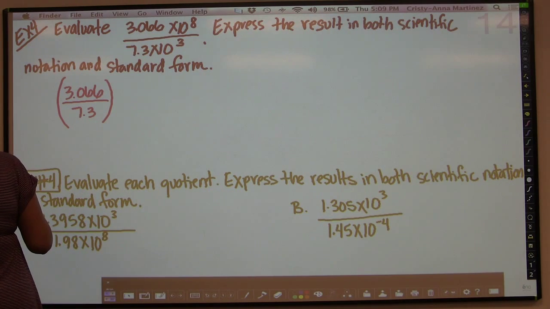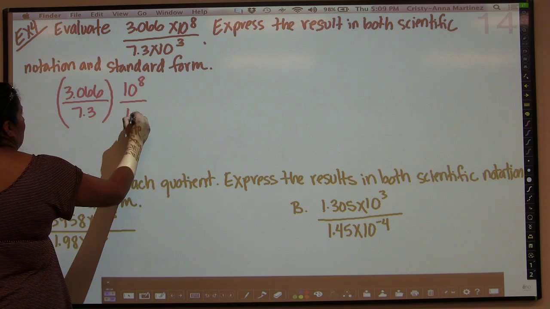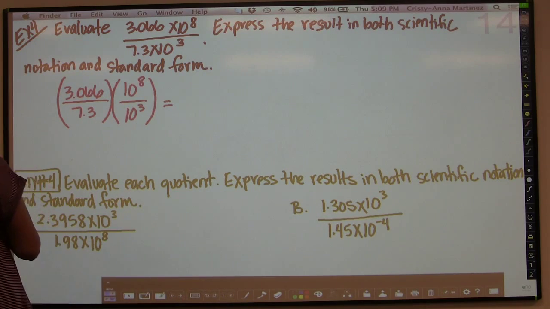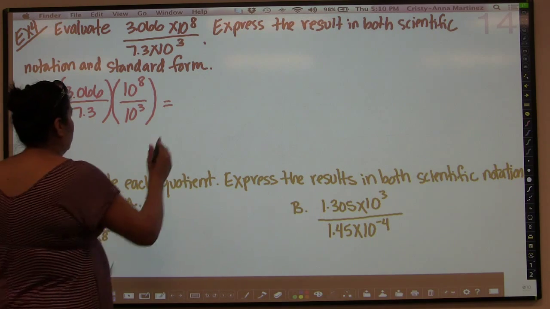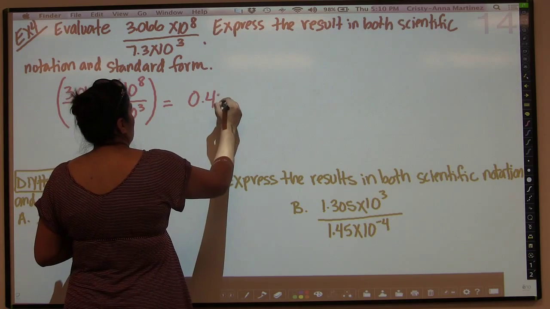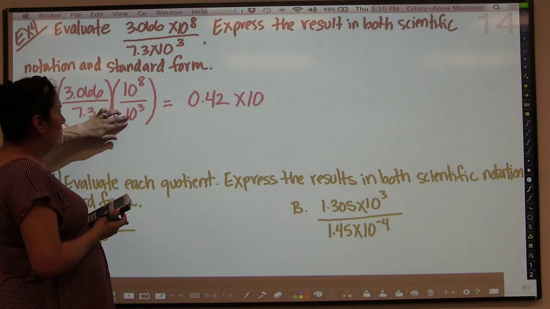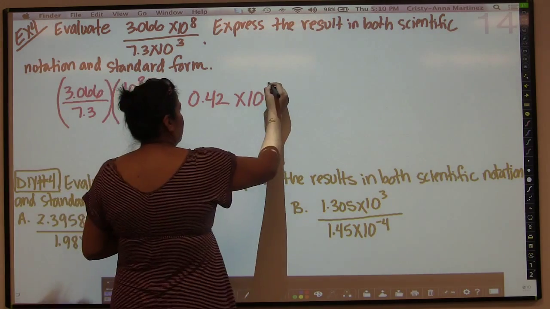And then we're going to take the times 10 to the 8th and divide by 10 to the 3rd. That's the second portion. So 3.066 divided by 7.3 is 0.42. And when you're dividing with the same base, you subtract the exponents, so 8 minus 3 is 5.